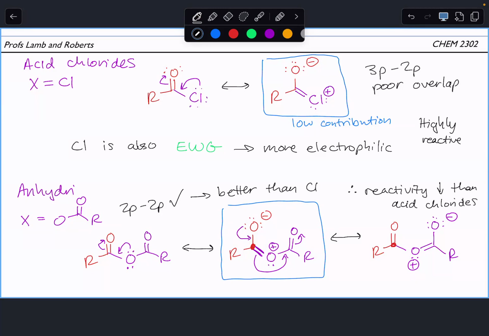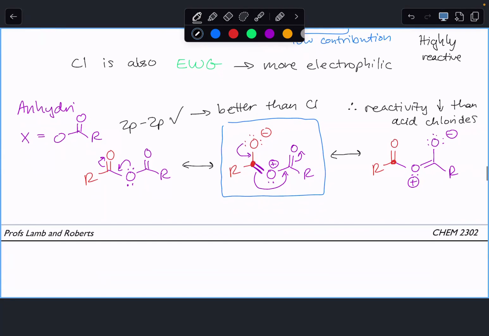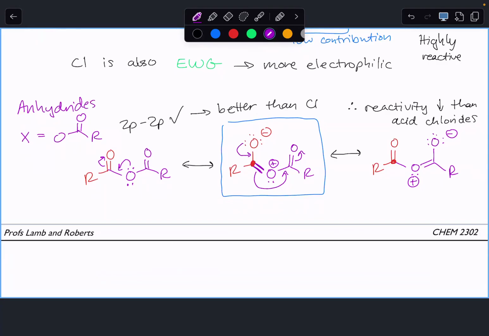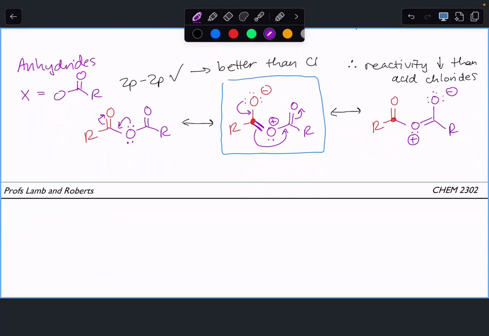Okay? That's probably the weirdest one, because anhydrides just look weird. Okay, so acid chlorides at the top, then anhydrides. Oops, did not finish writing this. Okay, the next one is esters. So that X group is now OR prime.